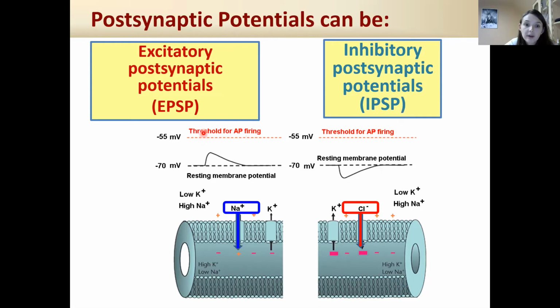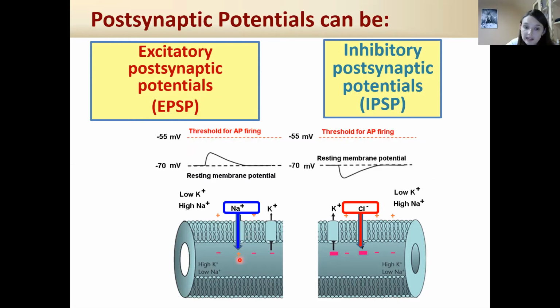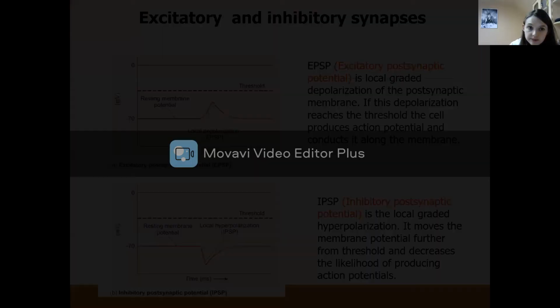So you could see here in excitatory postsynaptic potential, we have threshold stimuli for firing action potential, and sodium will enter inside the cell. In inhibitory postsynaptic potential, we have a situation in which chlorine ions will enter the cell and be responsible for the appearance of the hyperpolarization state.